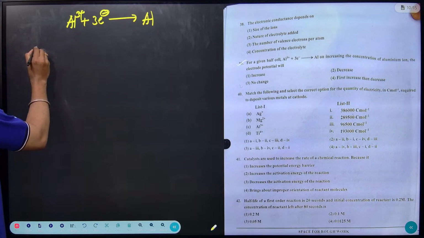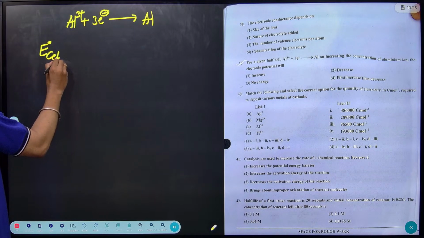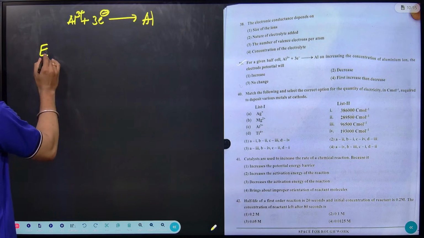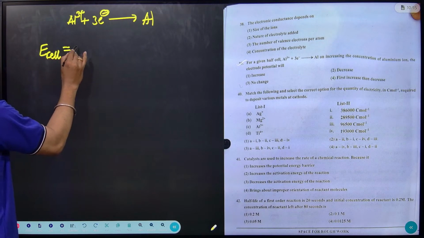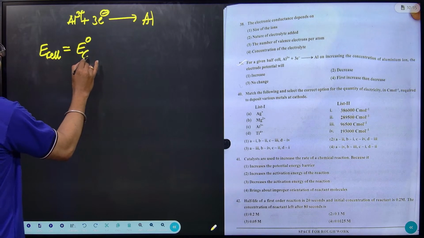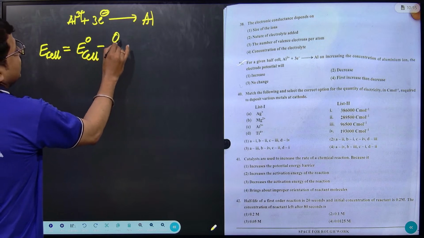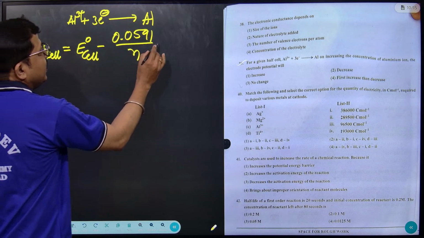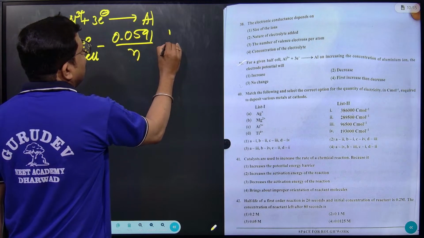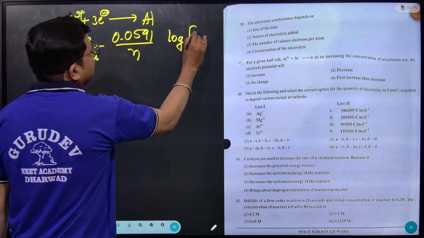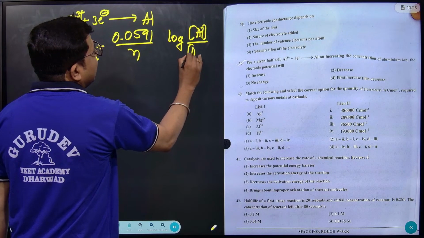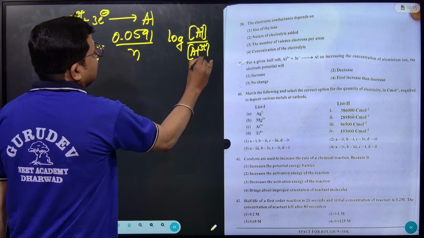So take the Nernst equation, that is E cell is equal to E naught cell minus 0.0591 divided by n into log of concentration of the metal divided by concentration of the ion, right?